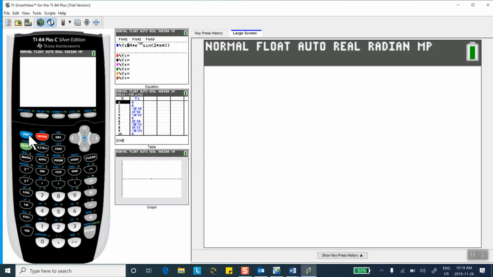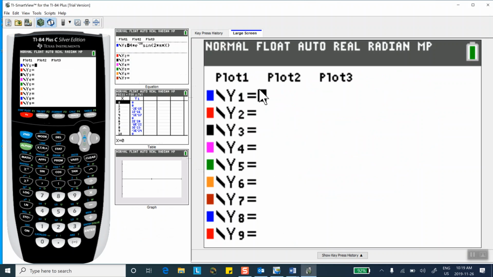Okay, so the first function is going to be my f of x, which is going to be 3 times cosine of x, close the parentheses, and then plus 1.